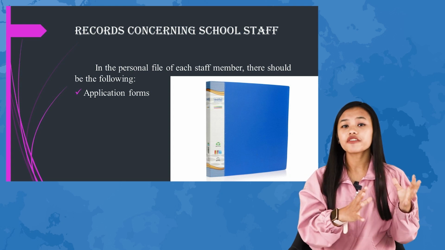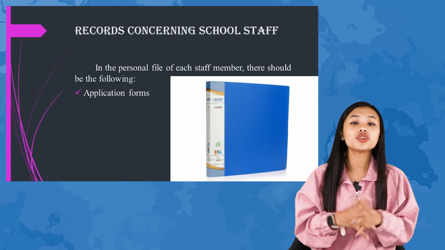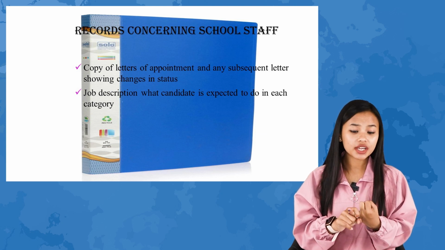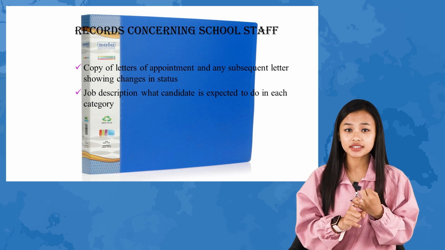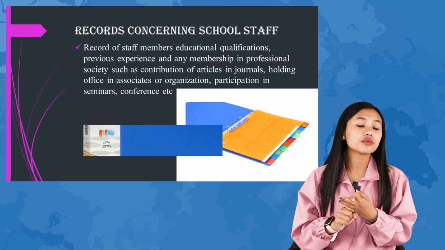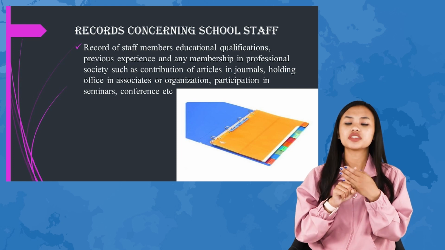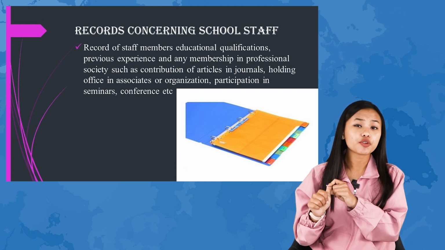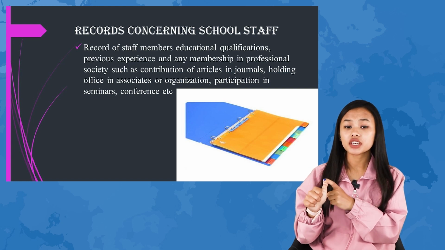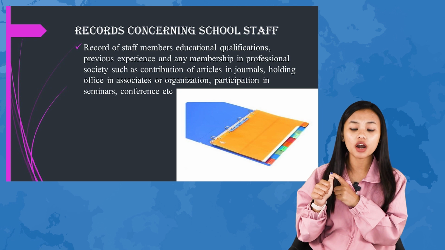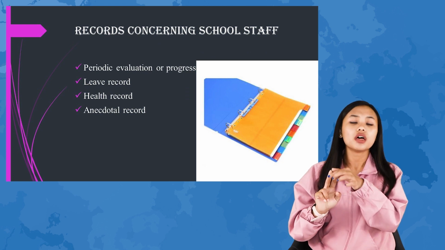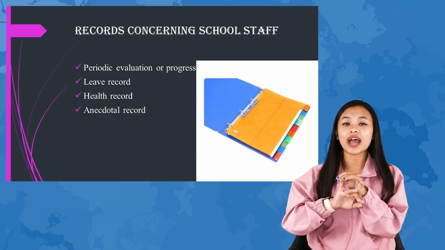Now moving on to the second category, that is records concerning the school staff. So here each and every staff member must have their own separate file which will contain the application form, the letter of appointment, or any other subsequent letter which will show the changes in the status, the job description that will tell what the candidate is expected to do in each category, the record of the staff member's educational qualification, their previous experience, any membership in professional societies, such as contribution of articles in any journals, holding office in any organization, or even participation in seminars, conferences, etc., the periodic evaluation or the progress report, the leave record, the health record, as well as the anecdotal record.